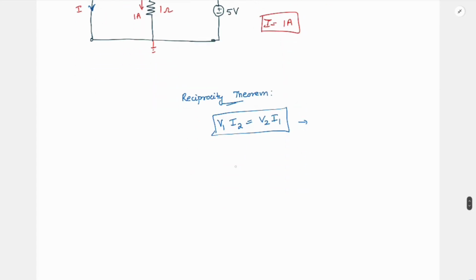Here what it says is, if you have a two-port network with voltages and currents V1, I1, V2, I2, then in the first case, you put a voltage V1 here and measure the current I2. In this case the load can be anything, RL.